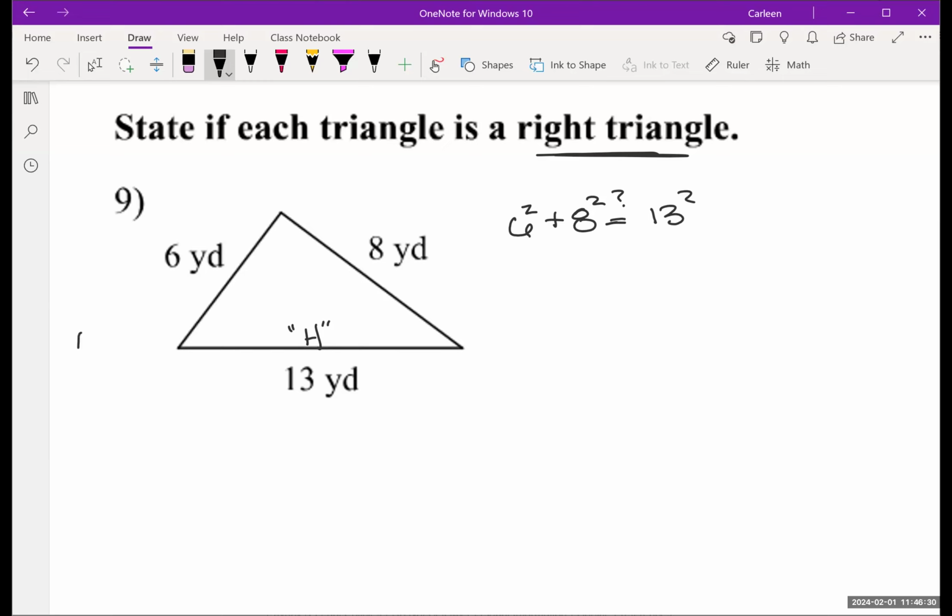Okay, please excuse my dear Aunt Sally. Let's do exponents. 36 plus 64. Is that equal to 169?